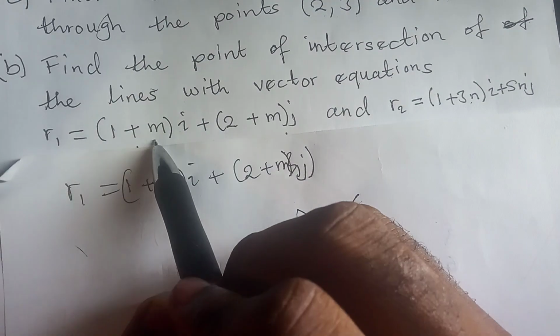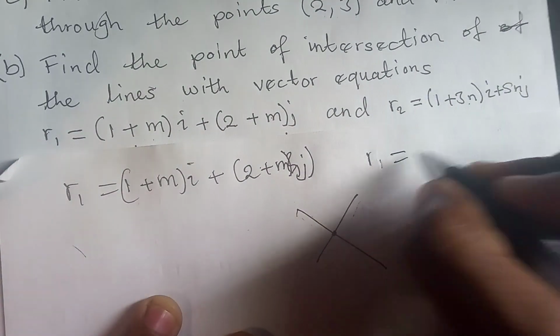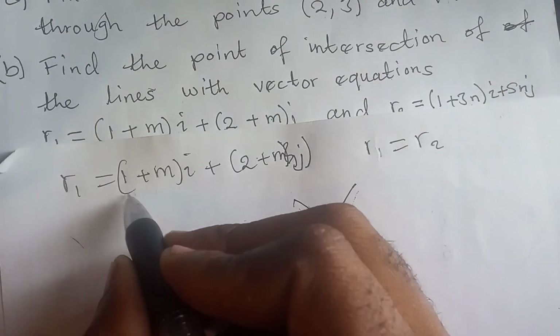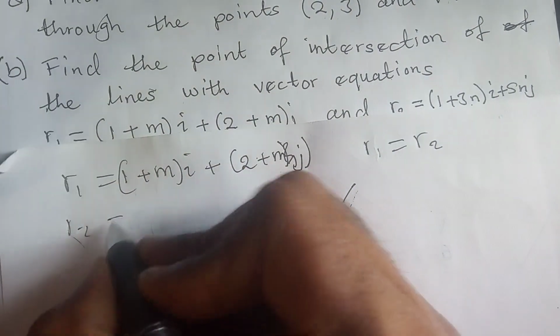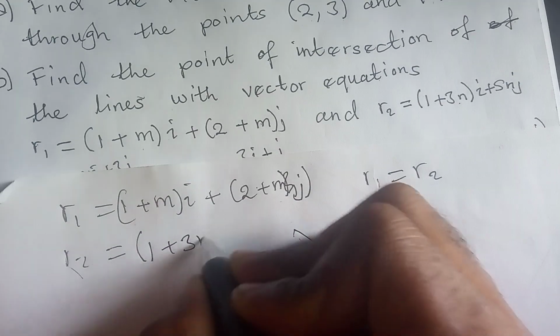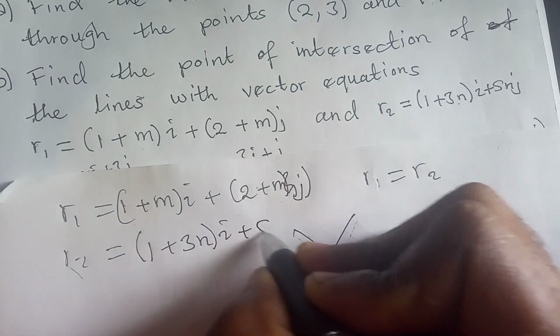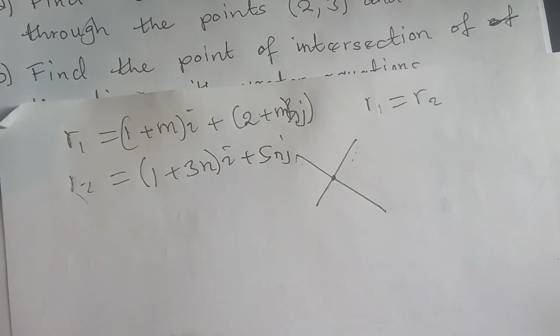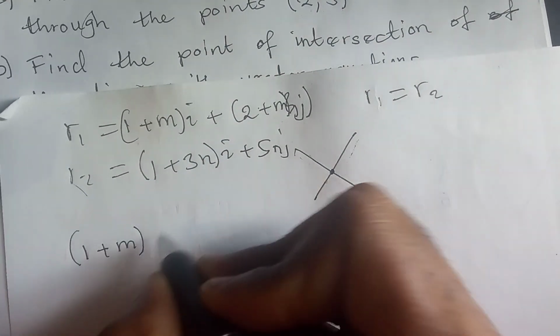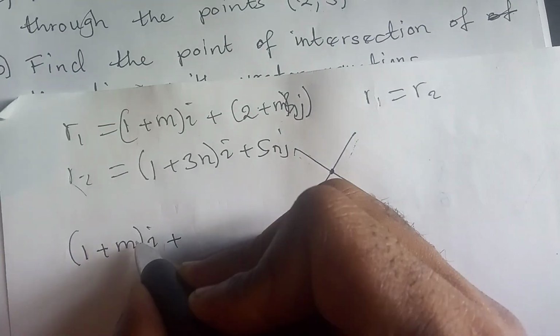So that means r1 is equal to r2. So this is all you need to do. Just equate these to r2, which is (1 plus 3n)i plus 5nj. So let's equate them to each other and solve them simultaneously.